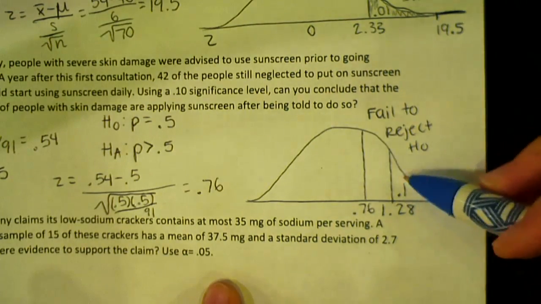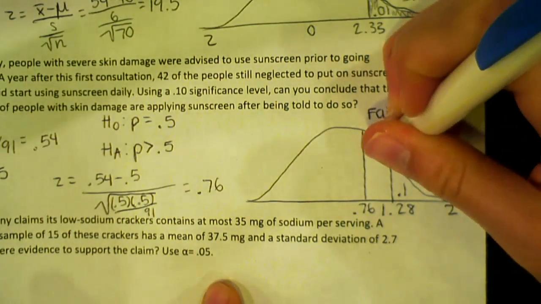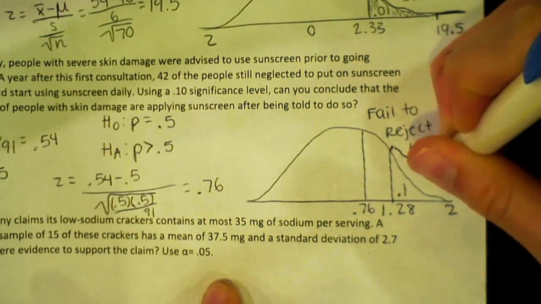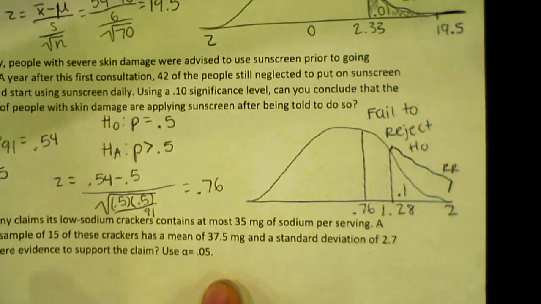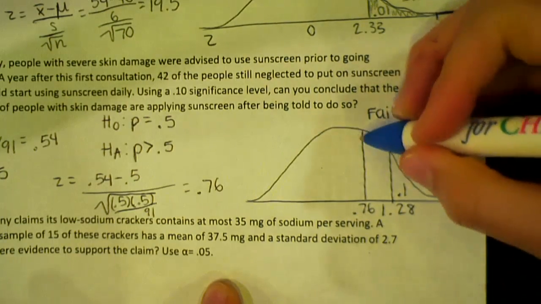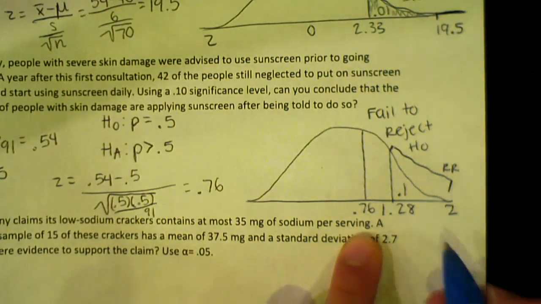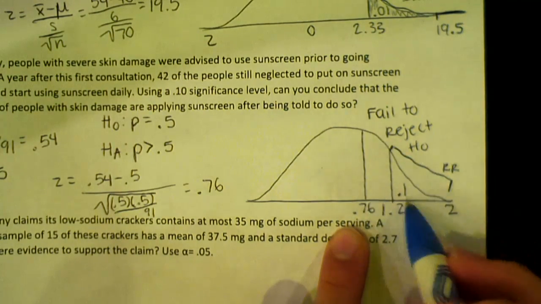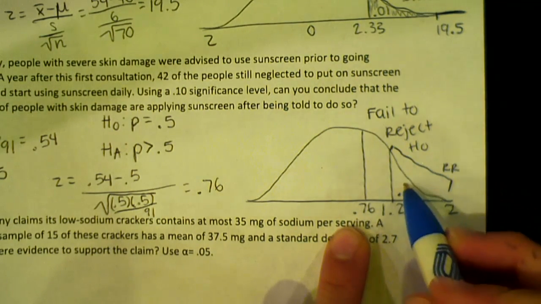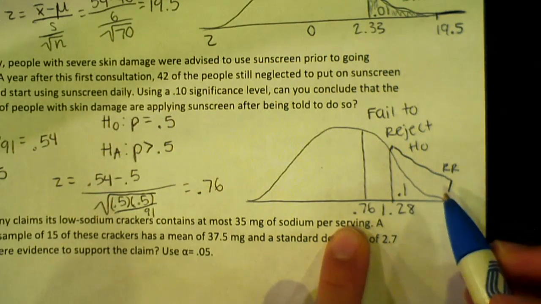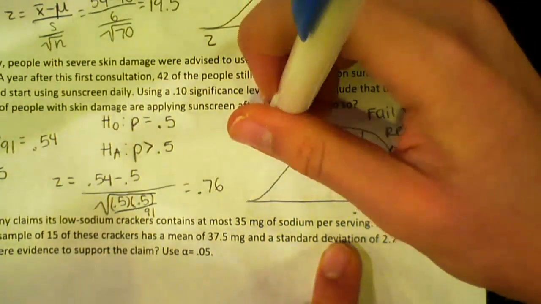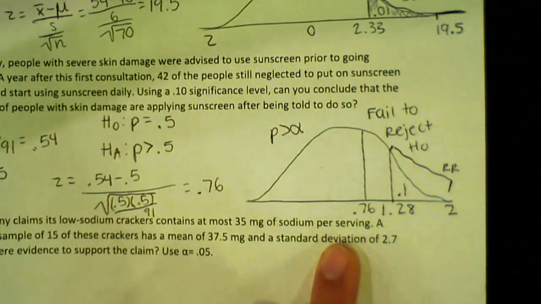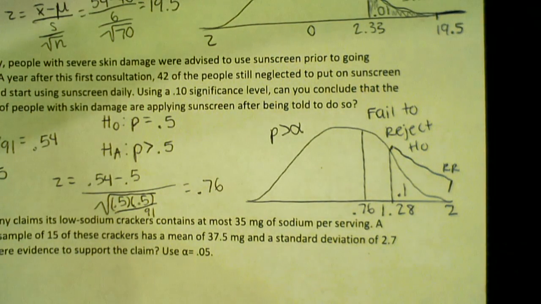It's outside of the rejection region. This is our rejection region. And then we can see, just based on the fact that it's before this alpha, we know that the p, the probability, is going to be the shaded area plus the alpha. So we know already that p is going to be greater than alpha. Okay? Cool?